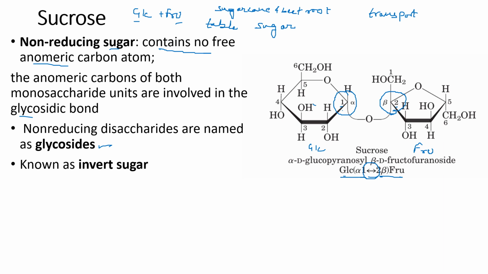Now this is known as invert sugar. Why? Because sucrose is dextrorotatory in nature, which means that it can rotate the plane polarized light to the right, in a clockwise direction.